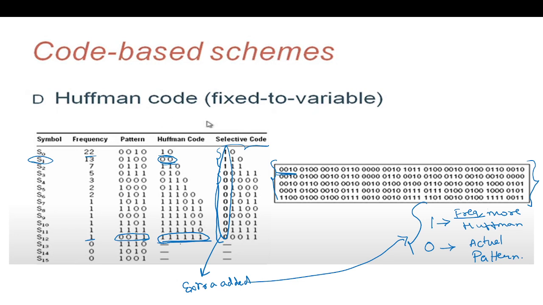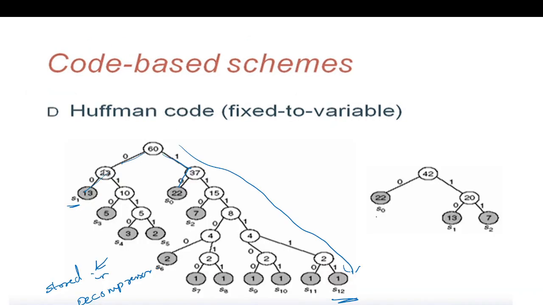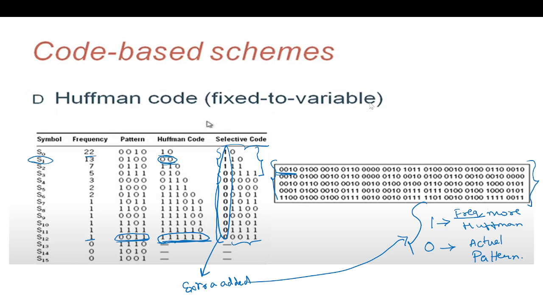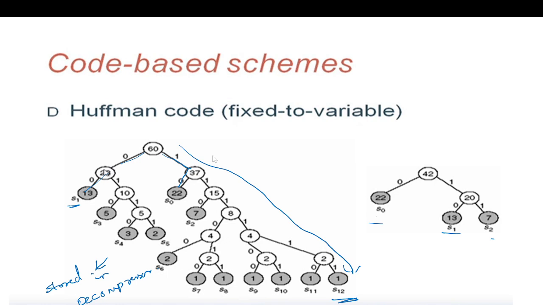So you can see when there were more bits, we have just passed the actual pattern. So now for the Huffman tree, I have to store only these patterns. Just 3 patterns are enough. Is it 3 or 4? Sorry, 1, 2, 3. Just 3 patterns we need to store in the Huffman tree. So this is only required to be stored in the decompressor, and the tree also became very small. This is about the selective code.